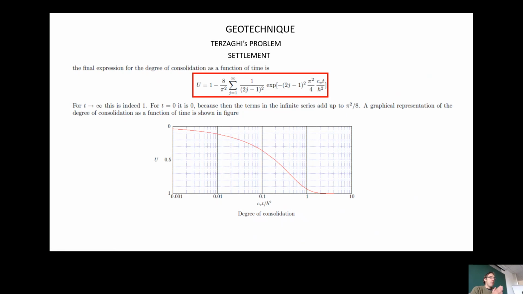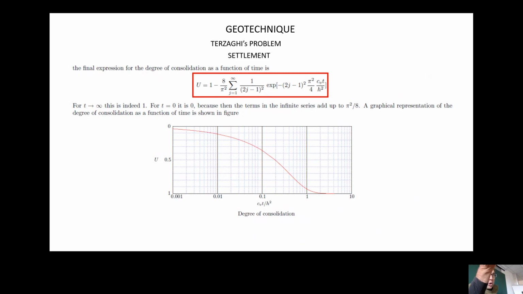So we can see that if we increase time, the degree of consolidation increases. And again, for t equal infinite, we are here, and U is equal to 1. When we have t equal 0, U is almost 0, because these two terms are 1 minus 1.